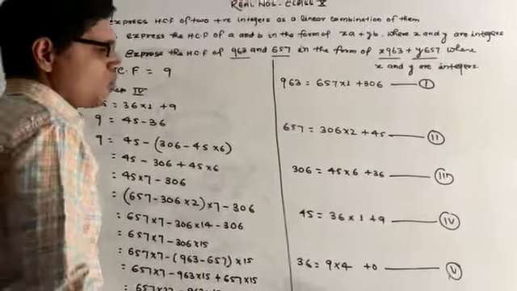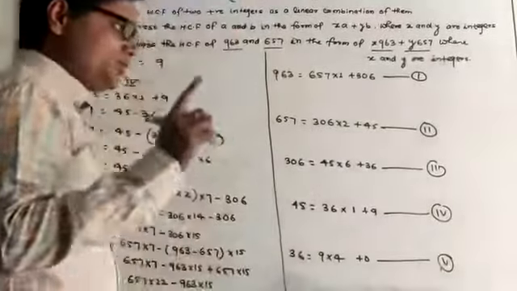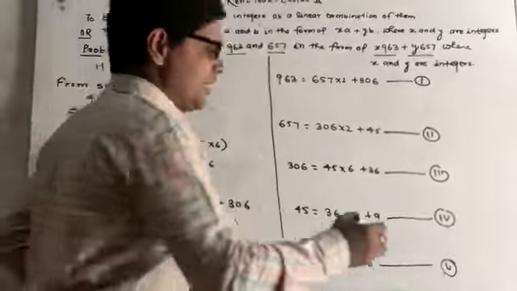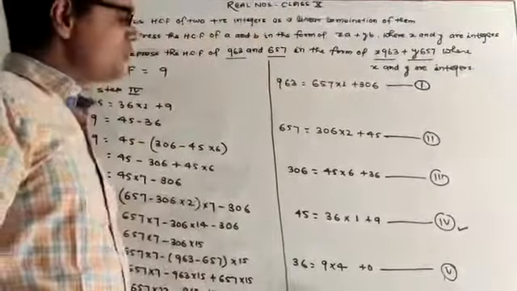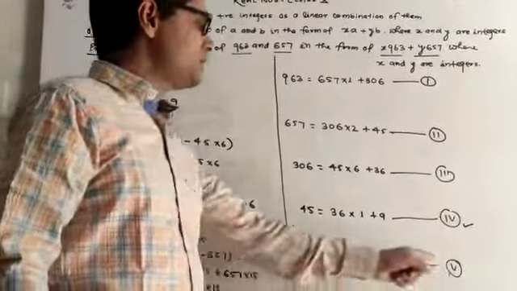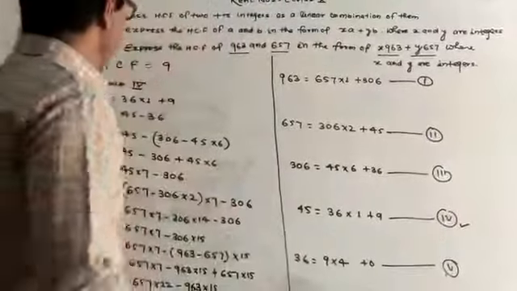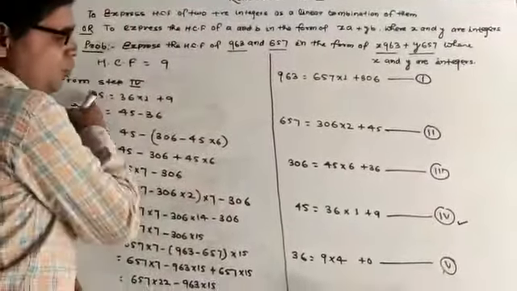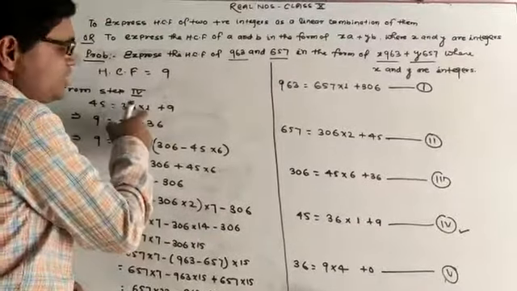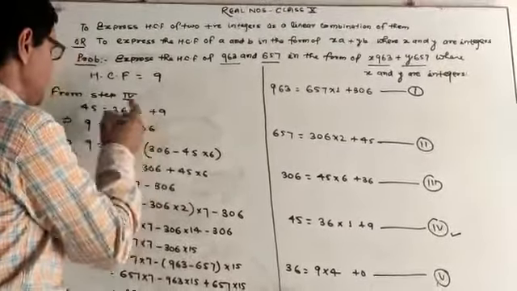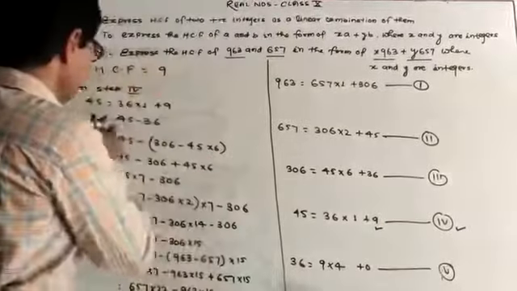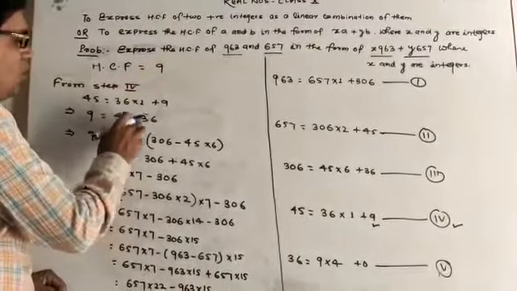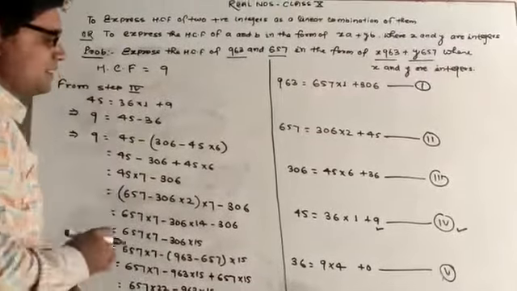We will go to just before the last step, that means to step 4. From step 4, 45 is equal to 36 into 1 plus 9. That means 9 is equal to 45 minus 36.